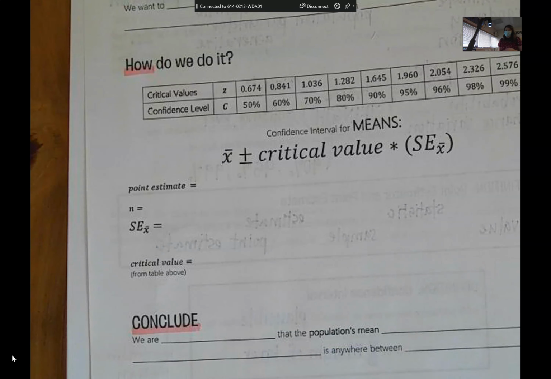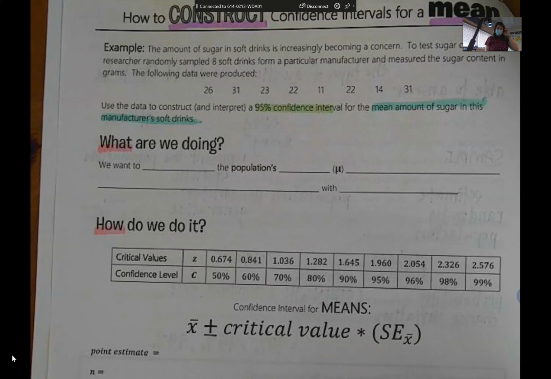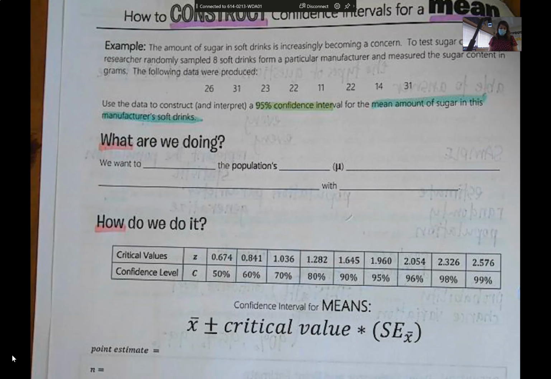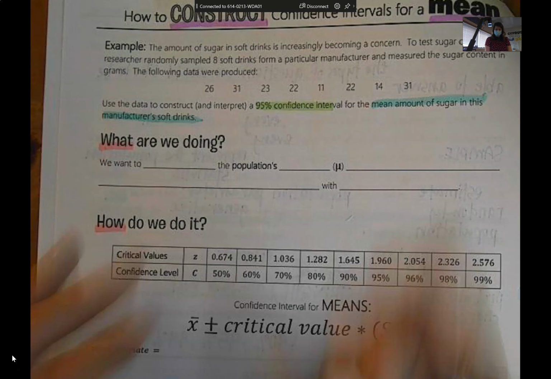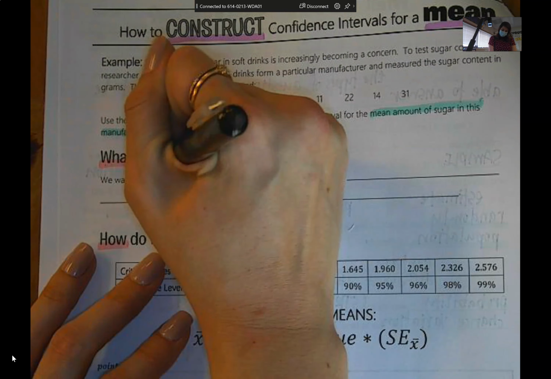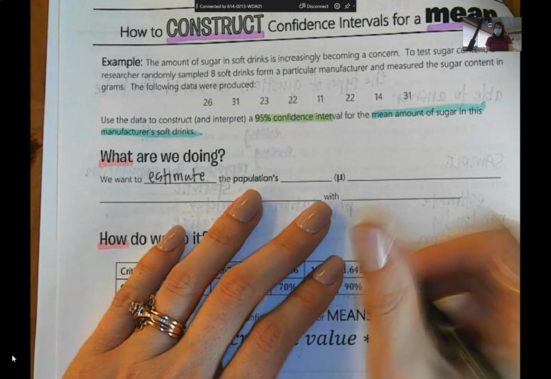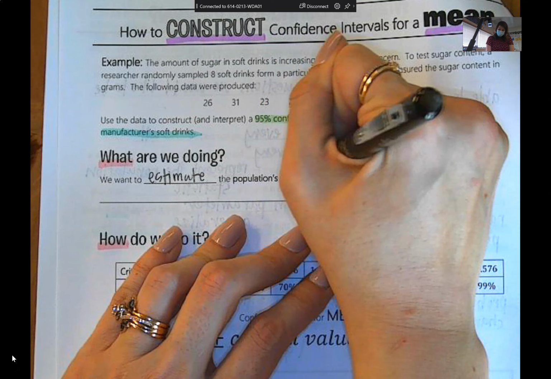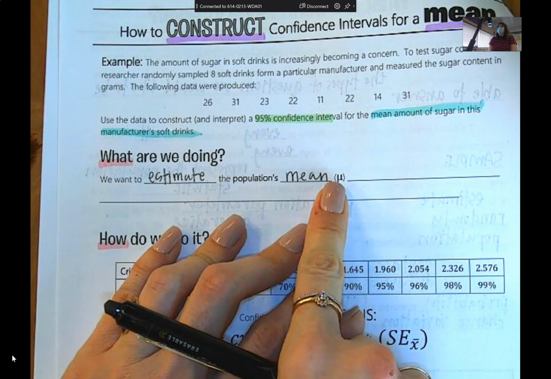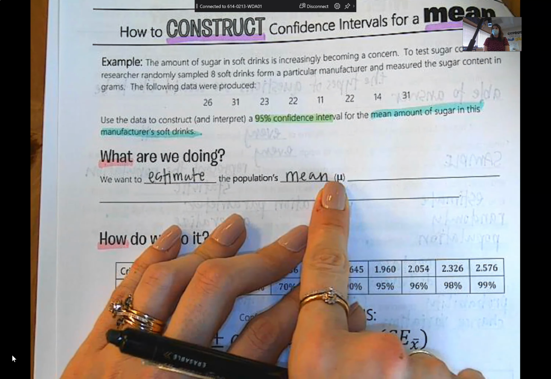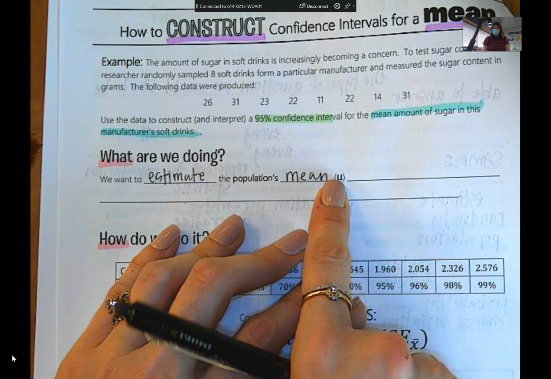What is our conclusion? So let's start at the what are we doing? We want to estimate the population's mean, which is denoted with mu. That's just a reminder, this is mu.